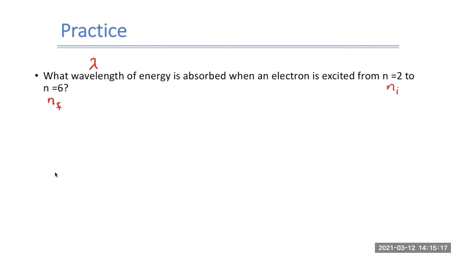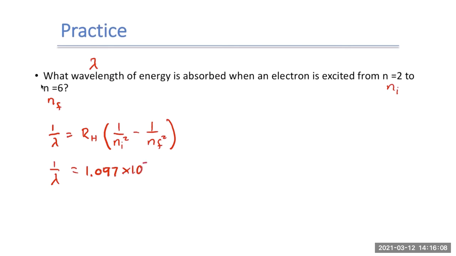Since I want lambda and I have 2 different states, I can use the Rydberg equation: 1 over lambda equals my Rydberg constant times 1 over n initial squared minus 1 over n final squared. So 1 over lambda equals my Rydberg constant of 1.097 times 10 to the 7th inverse meters multiplied by 1 over 2 squared minus 1 over 6 squared.